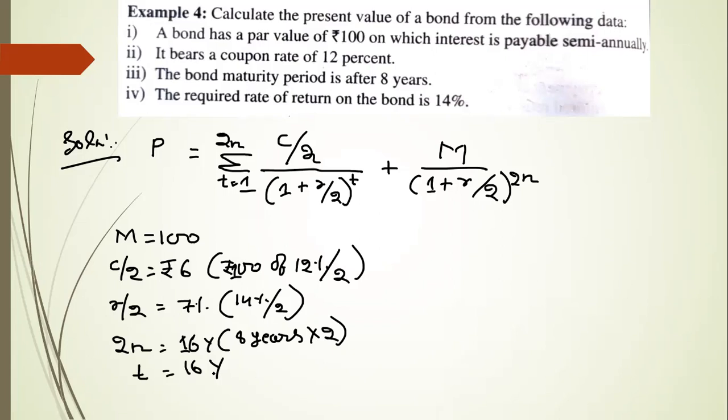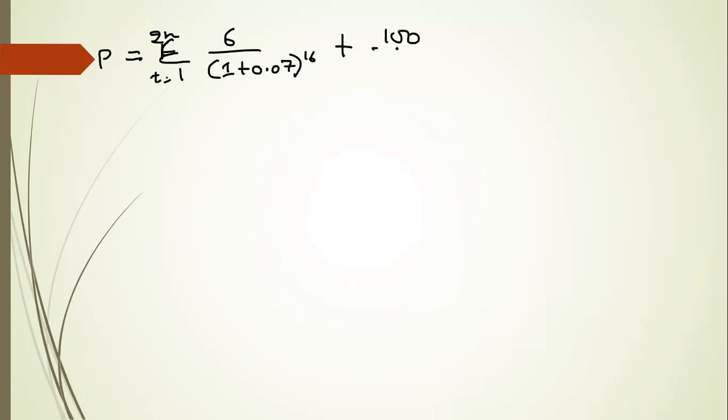So let's put this in the formula. Putting this in the formula, we get P is equal to summation T is equal to 1 to 2n, 6 (C bar 2) divided by 1 plus 0.07, that is the percentage, to the power 16, plus 100 divided by 1 plus 0.07 bracket 16.